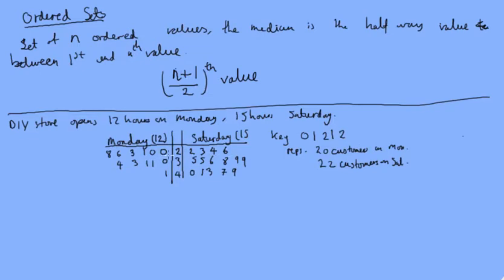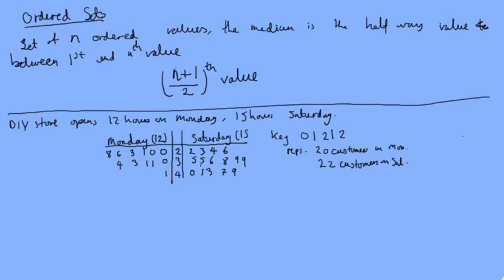So this part here would be the 20 customers on a Monday, but it doesn't tell us which hour in the day those 20 customers came in. This one here would be 41 on the Monday. It doesn't tell us which hour those 41 customers came in. So it's really important that when you're looking at this data, we don't know which value corresponds to which hour in the day.